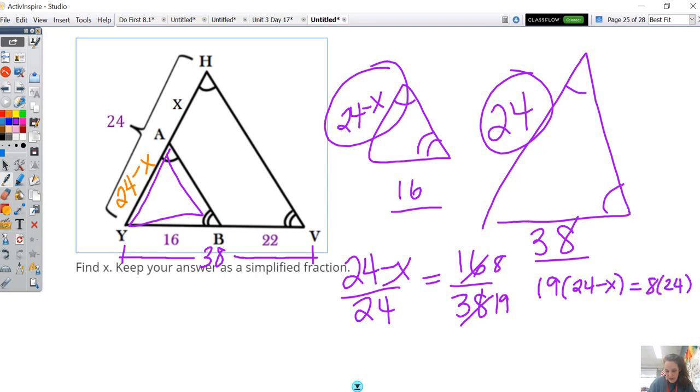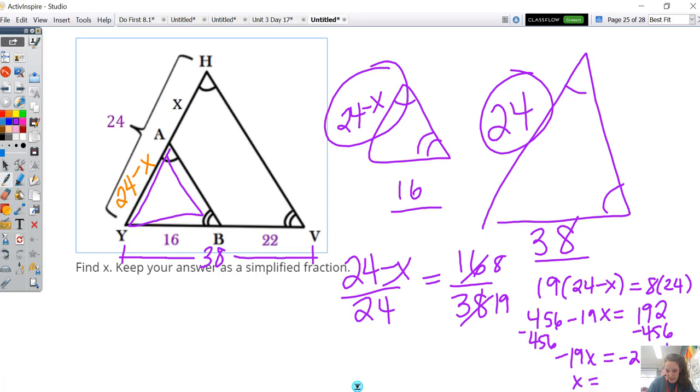If you distribute, 19 times 24 is 456 minus 19X equals 8 times 24, which is 192. Then you subtract the 456 from both sides. You get negative 19X equals 192 minus 456, which is negative 264.